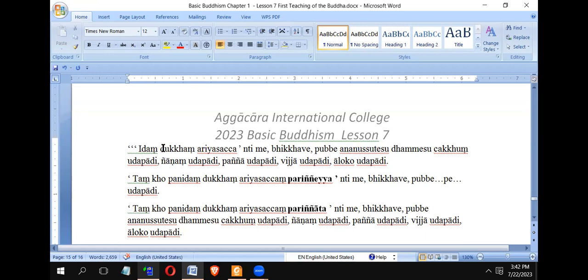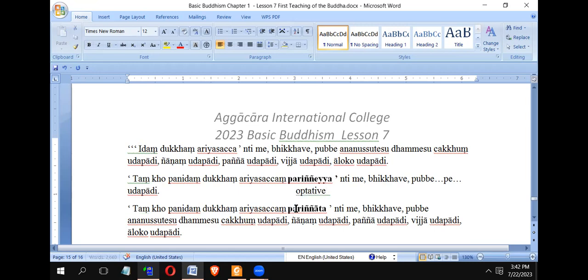Now the main part is idam dukkham. It just says this is the noble truth of suffering. But then after that, you see here idam, and then this one, tam, that noble truth, parinneyyam. Here you notice what kind of verb this is? Optative. This is the second one.